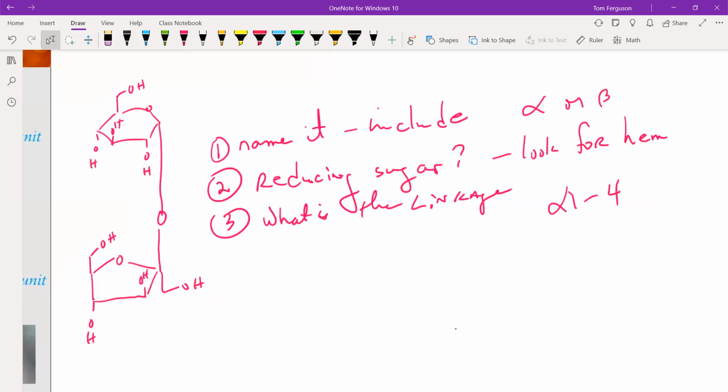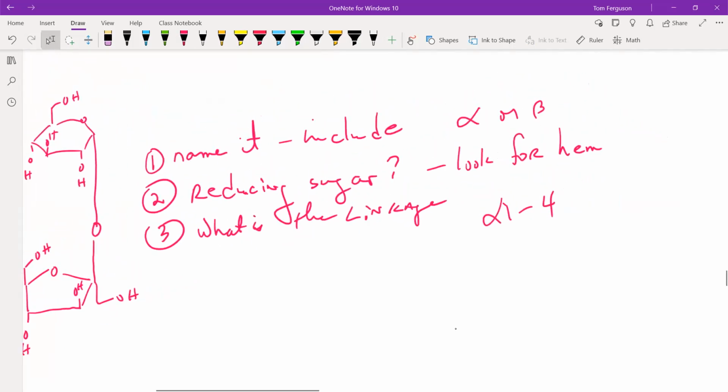Now, fructose is not an alpha or beta because there's no hemiacetal present. If there's no hemiacetal present that goes up or down, it's neither alpha or beta.